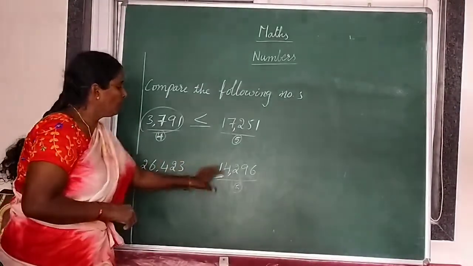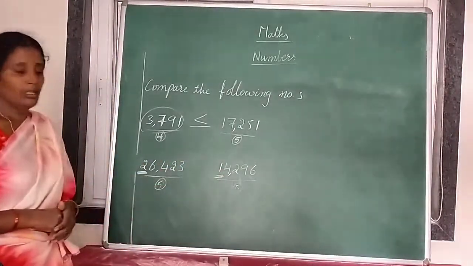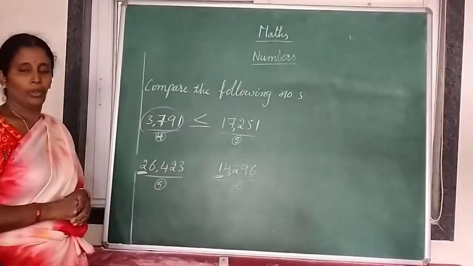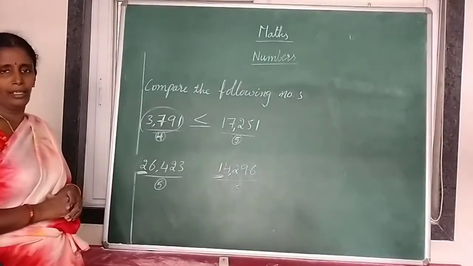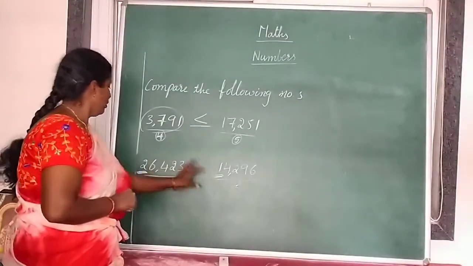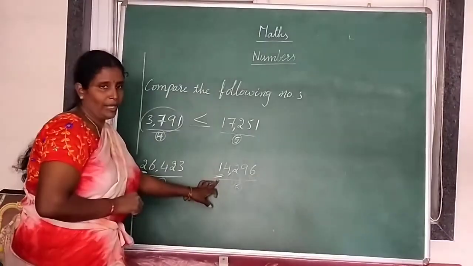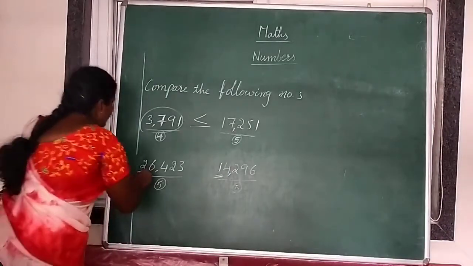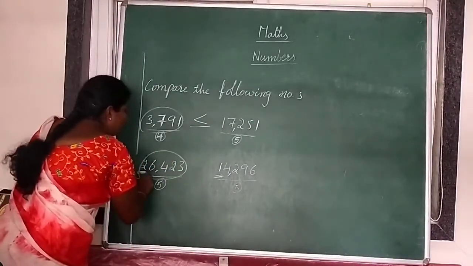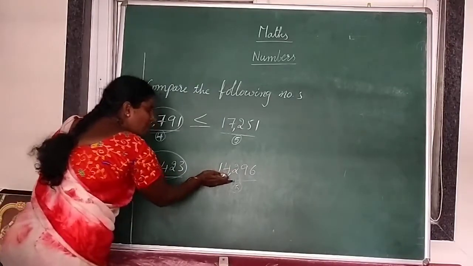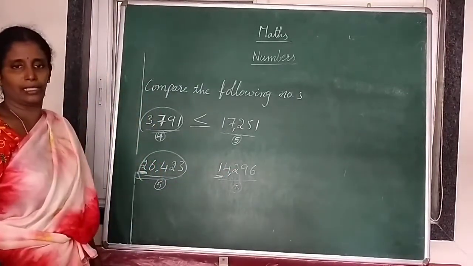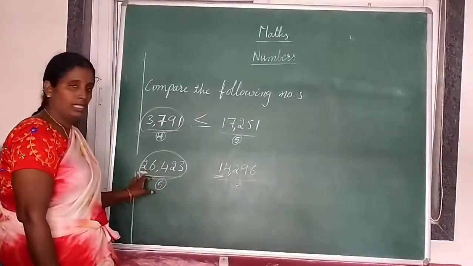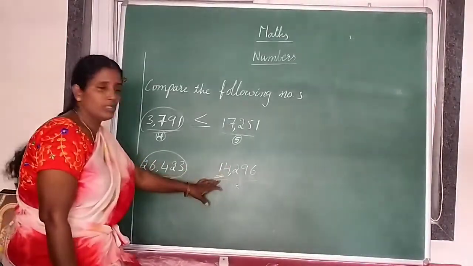In these two, is 2 less or greater than 1? Greater than 1. So if 2 is greater than 1, then 26,423 is greater than 14,296, because it is 2 in the 10,000 place and 1 in the 10,000 place.